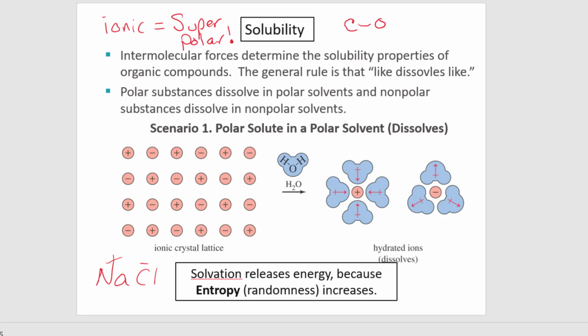A carbon-oxygen bond, which we know has a dipole moment, is polar. So if you can identify that you have an ionic bond, and I already told you how to identify ionic bonds, they typically have those metals in group 1 and group 2, you're talking about a superpolar molecule. And superpolar molecules will dissolve in superpolar solvents. And water is a very polar solvent. So you can see how water can take its very electronegative oxygen and surround the formal positive charged atoms. And the very electropositive hydrogens of water will surround the anions.